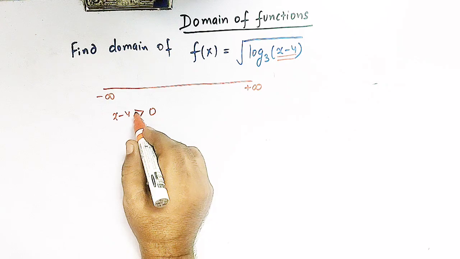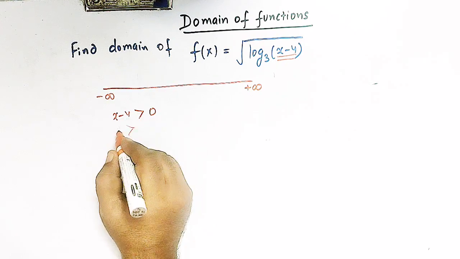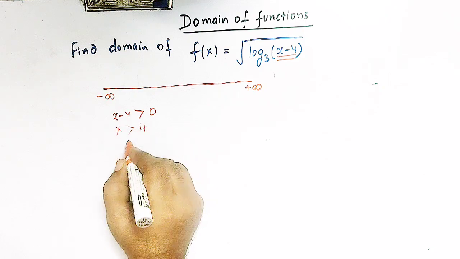So x minus 4 should be a positive quantity. If we solve this inequality, we get x greater than 4.